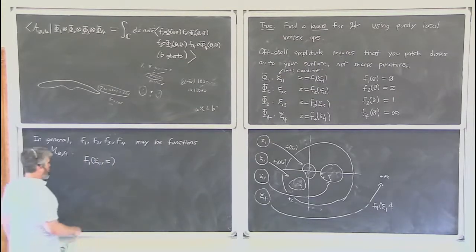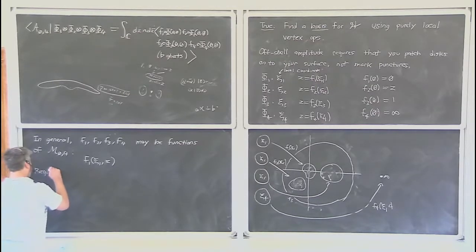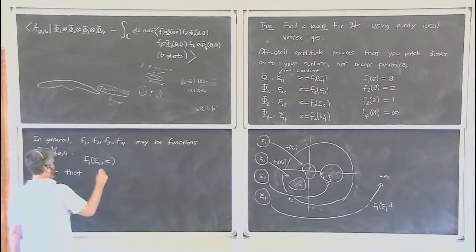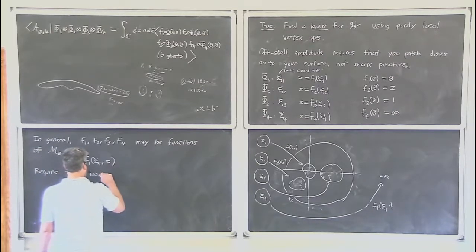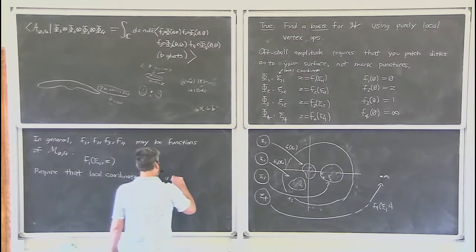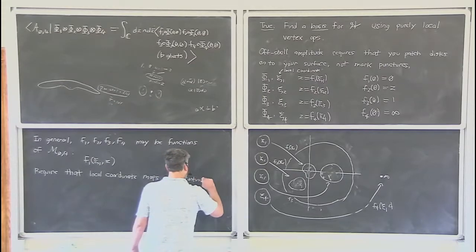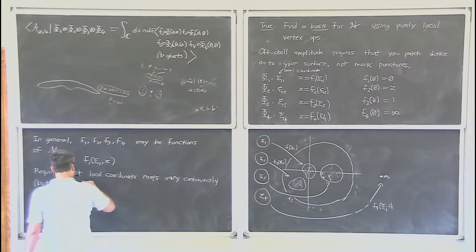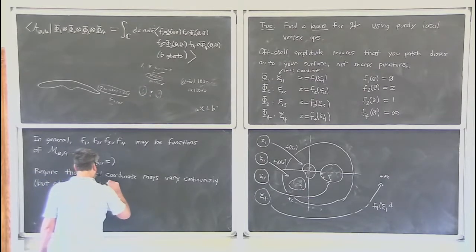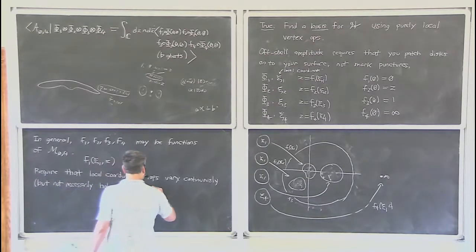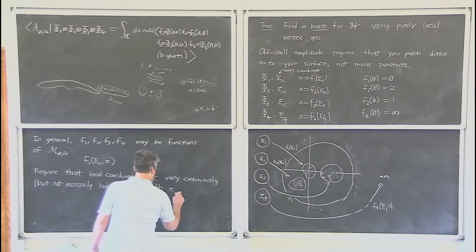So we require that the local coordinate maps vary continuously, not necessarily analytically or holomorphically, with the modulus z.